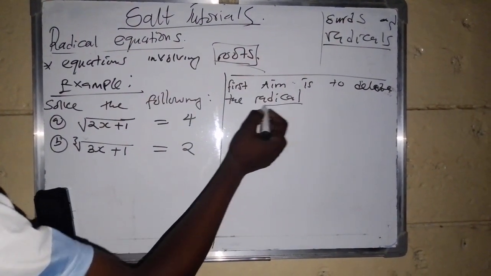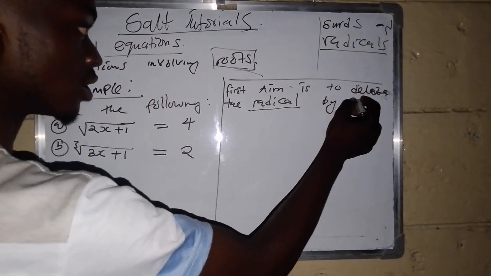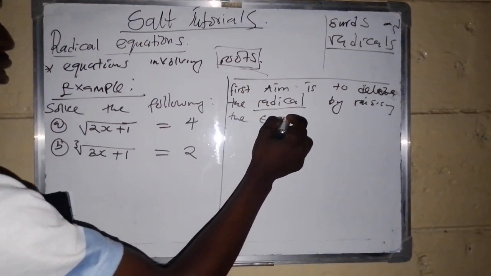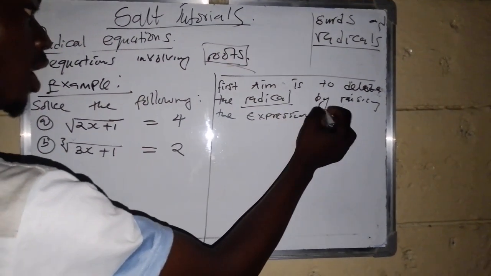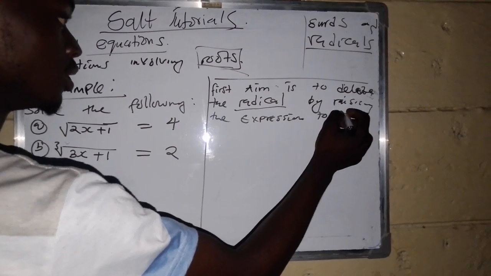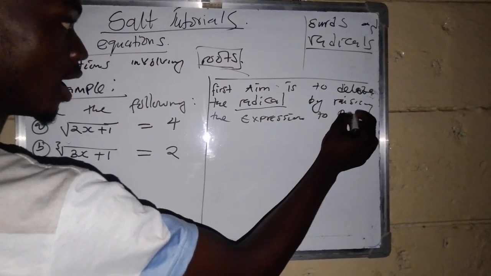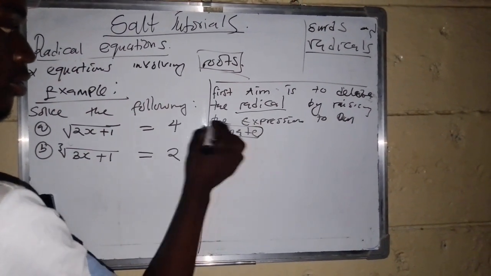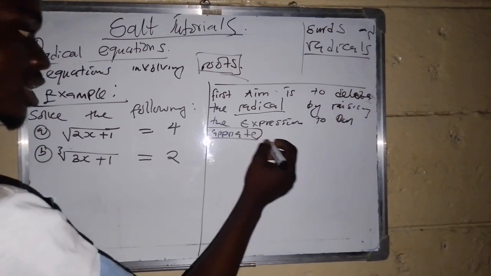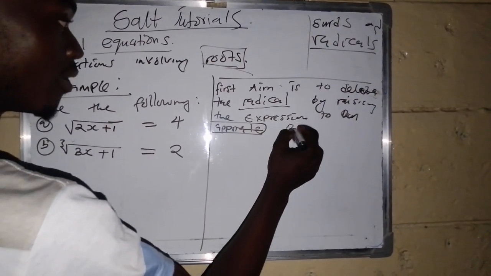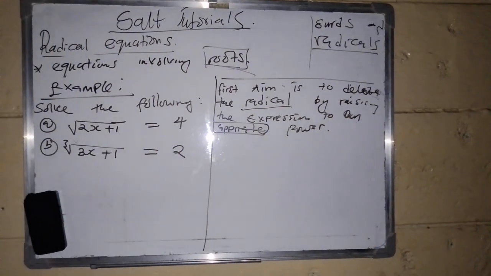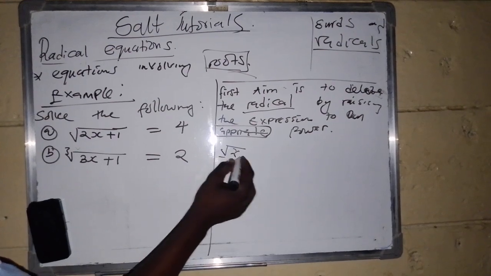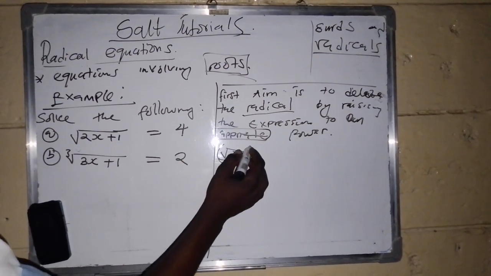So how is this radical deleted? By raising the expression to an appropriate power. For example, if I want to delete a square root, I have to raise my expression to a power.